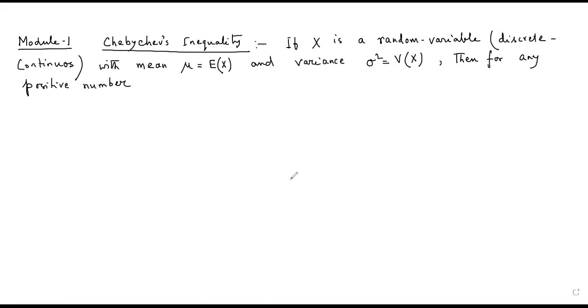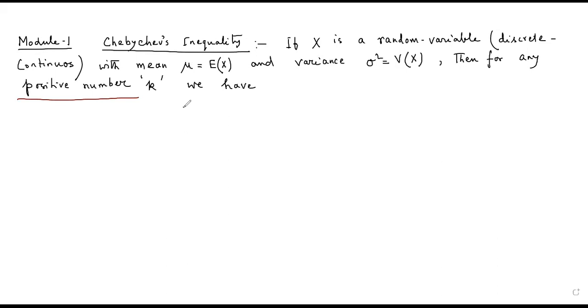For any positive number, I am underlining this section. Remember, it is not for any number, it is only for positive number k. I am denoting the number by k. We have the following inequality, which is termed as the Chebychev's inequality.